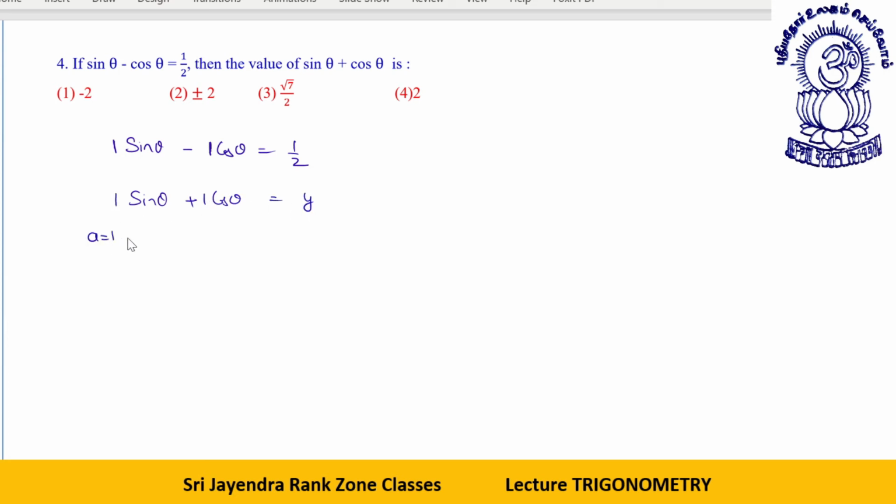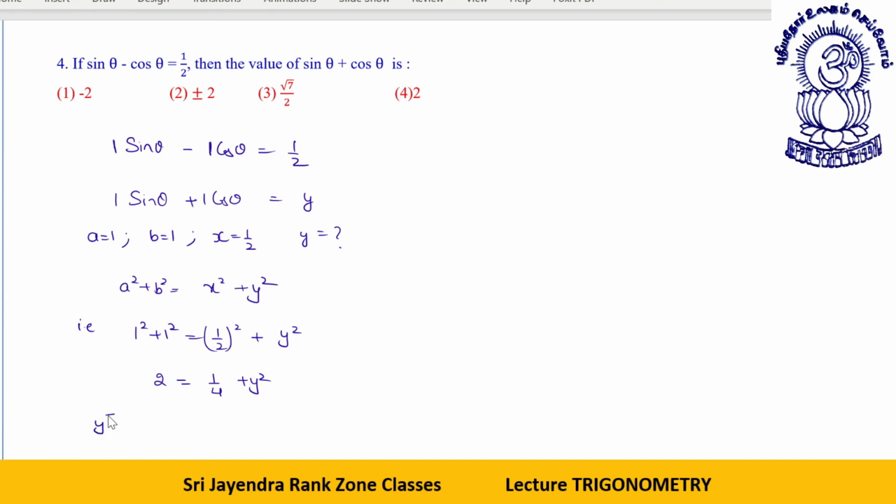Here we have a is equal to 1, b is equal to 1, c is equal to half, or let's say x is equal to half. This is y you have to determine. By property a square plus b square is equal to x square plus y square. That is 1 square plus 1 square is equal to half square plus y square. 2 is equal to 1 by 4 plus y square.